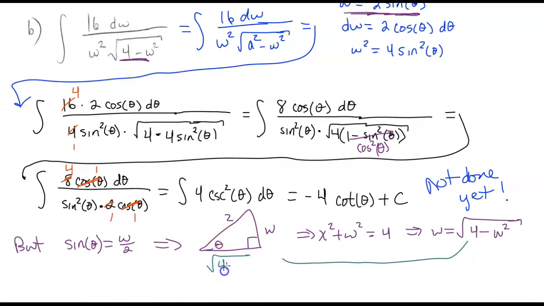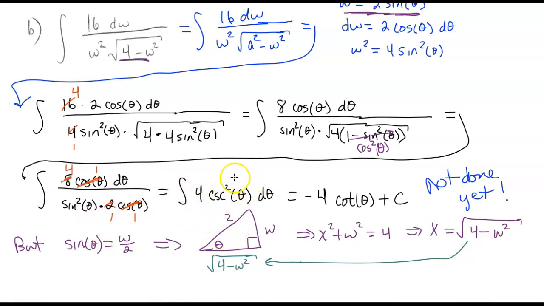Yep, that should be here. So that's what we want to replace. And yeah, I see why I did it wrong here, because I labeled it w instead of x. And it should have been x. Yeah, so that's what we should have been doing.